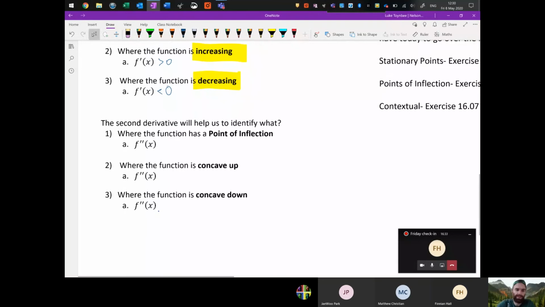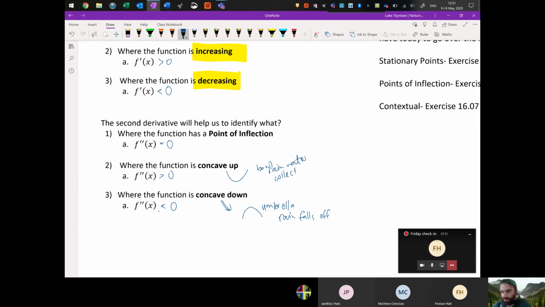The point of inflection is where your second derivative is 0. Concave up is when your second derivative is positive. Concave down, your second derivative is less than 0. This is basically telling you where your graph is a U or an N. This is like your umbrella where rain falls off, and this is like your bowl where your rainwater is collected.